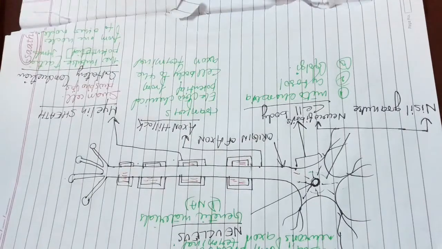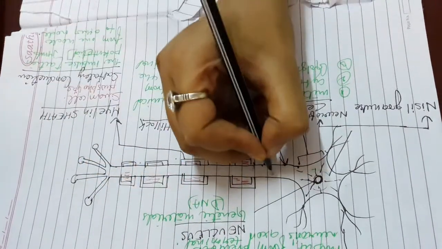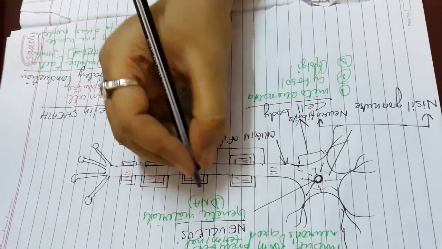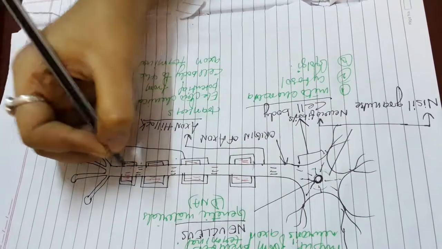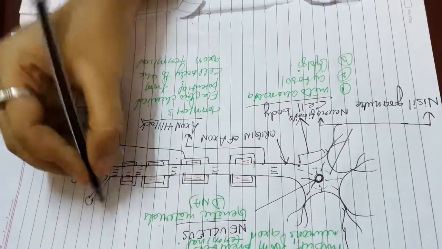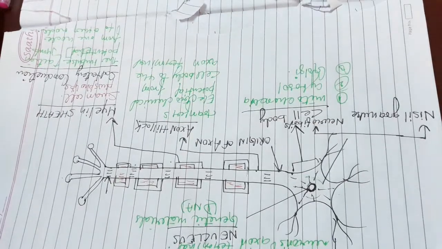Next we will see the structure which is like this. It is called neurofibrils.